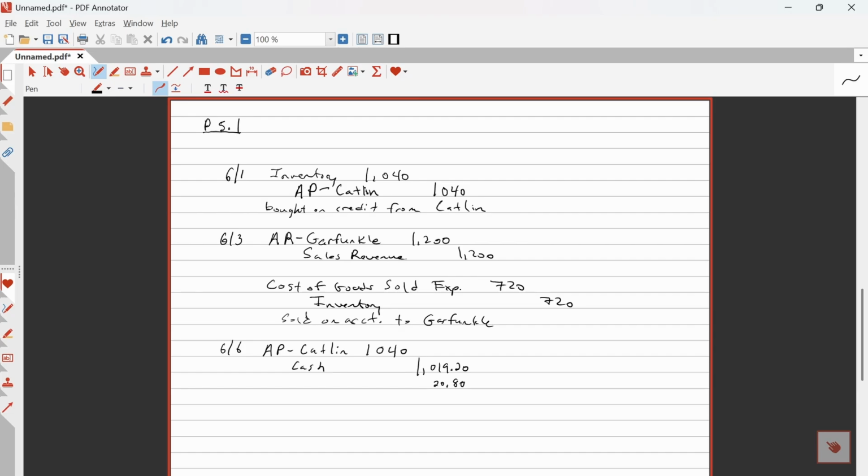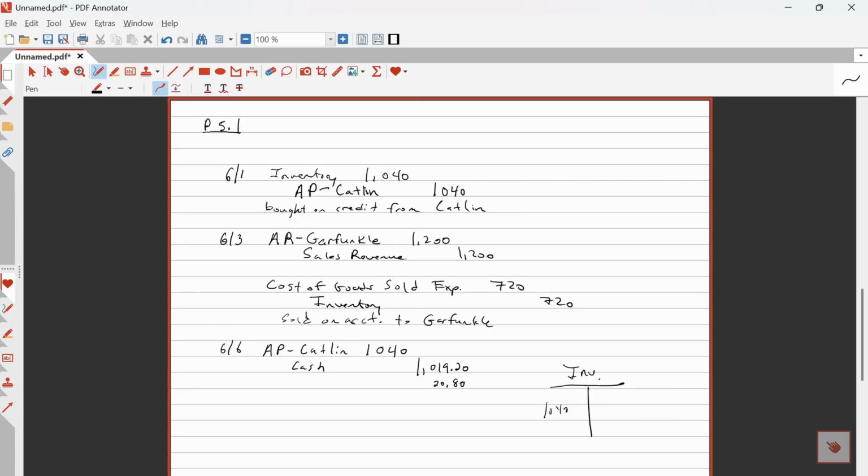Think of this. At any moment in time, if we make an inventory T account just related to the inventory from Catlin, the balance in the inventory account has to equal exactly what we've paid for that particular inventory at that moment in time. So originally we put 1,040 in, right?